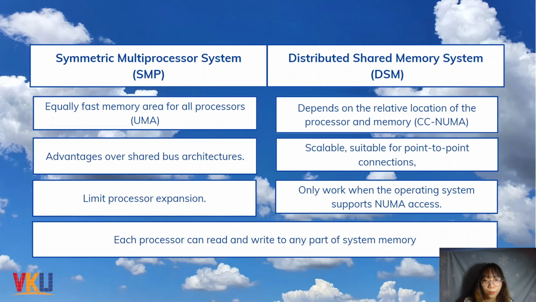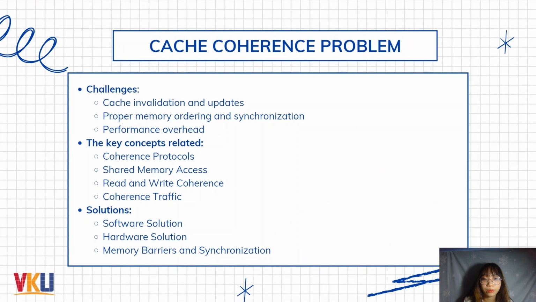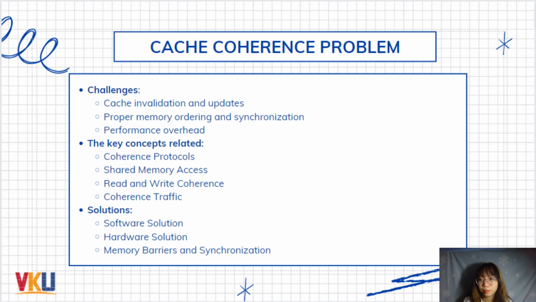There is a problem about cache coherence in the computer system, and it is a challenge in the multiprocessor system where each processor has its own cache memory. This problem refers to the potential inconsistencies when multiple caches store copies of the same memory locations, which can become out of sync or inconsistent.